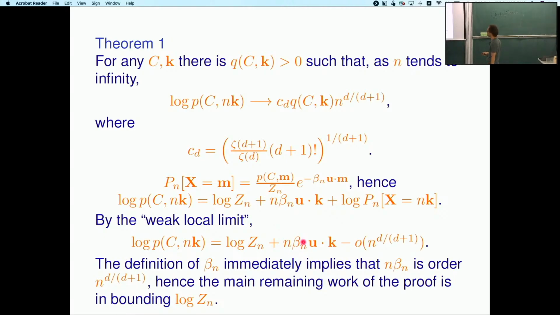If you just plug the definition of beta in here, you can see that this term is of order n to the d over d plus 1. And this one is quite a lot of work to bound, and I'm not going to show how to do that, but it is also order n to the d over d plus 1.